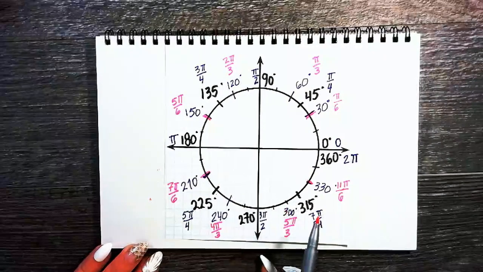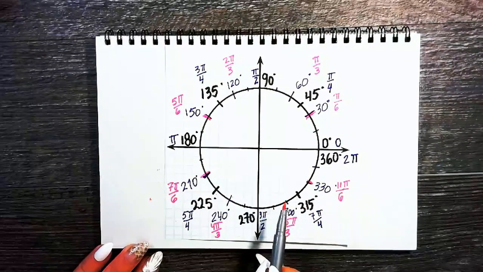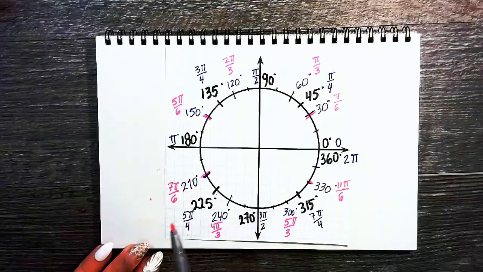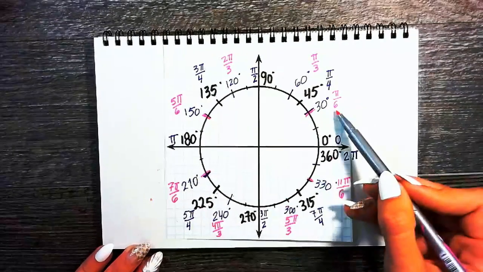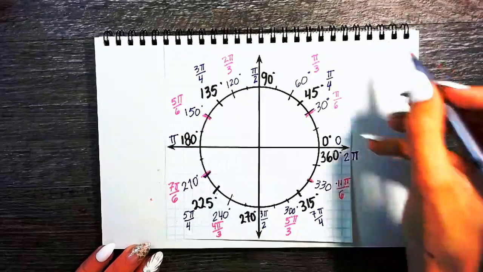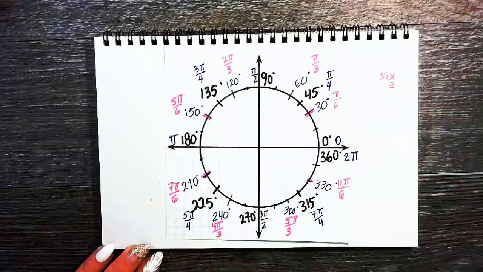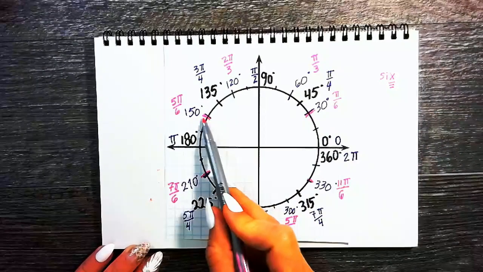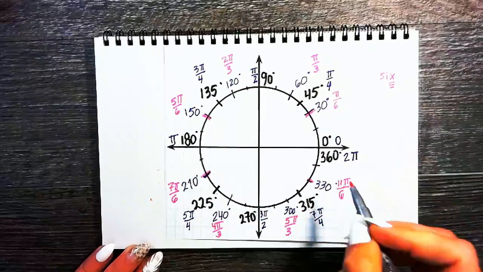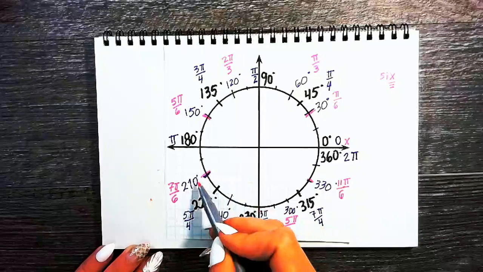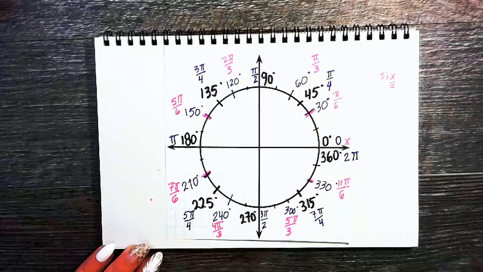Because you're using radians much more than degrees from this point forward, it's really important that we know where these land. Anything over 6, the word 6 ends with an X. So the angles over 6 are going to land closer to the x-axis. Do you see? They are the ones that are going to be closest to the x-axis.